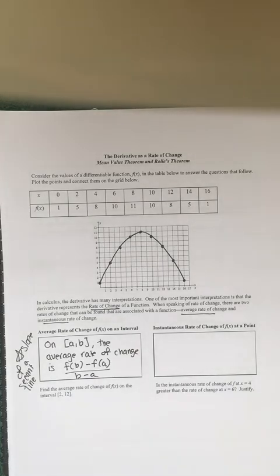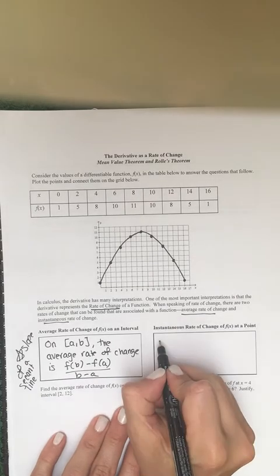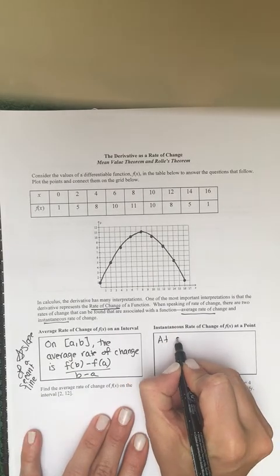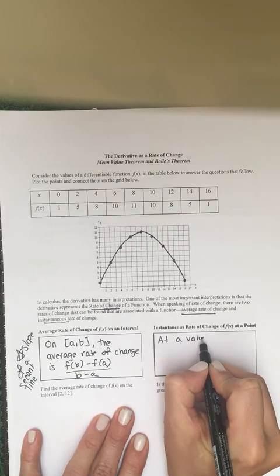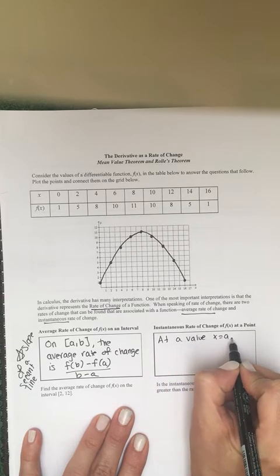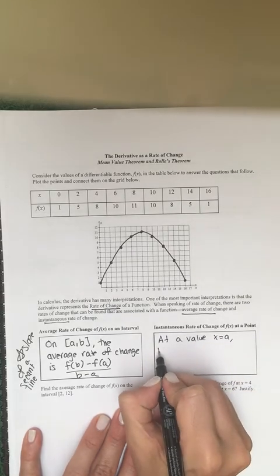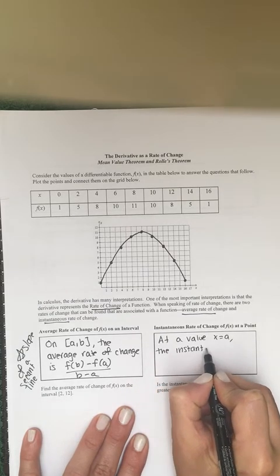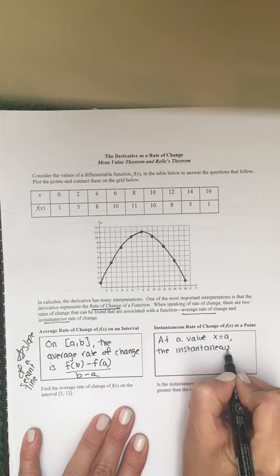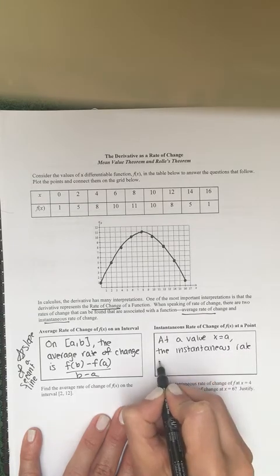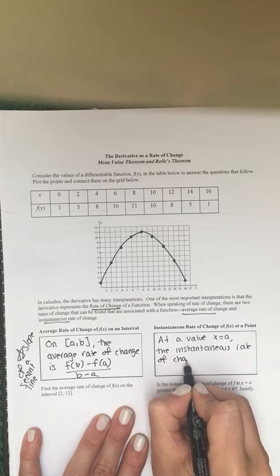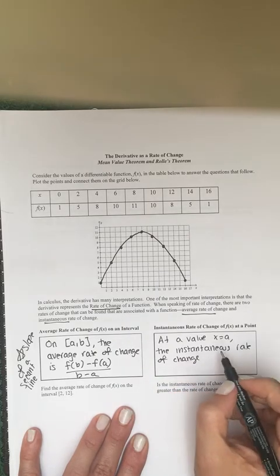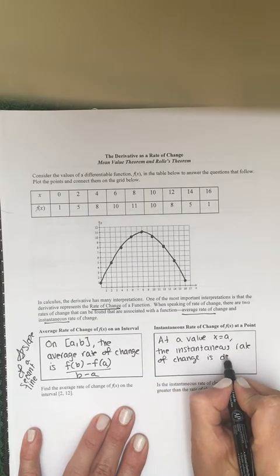Instantaneous rate of change is the one that we really started talking about and introducing in calculus this year, and this is saying that at a value x equals a, the instantaneous rate of change is defined by the derivative.